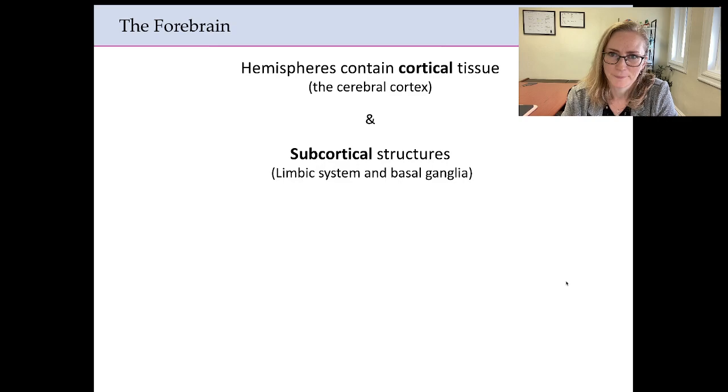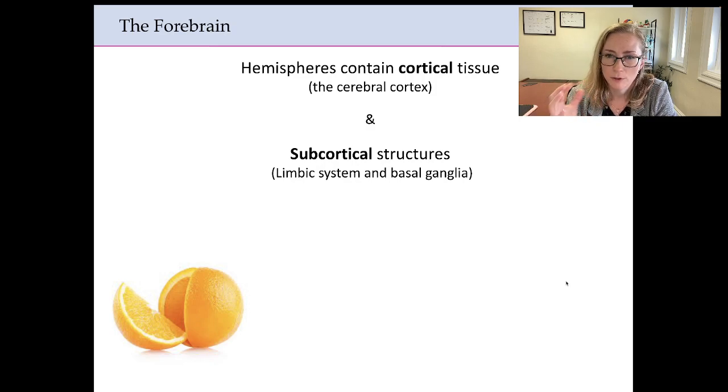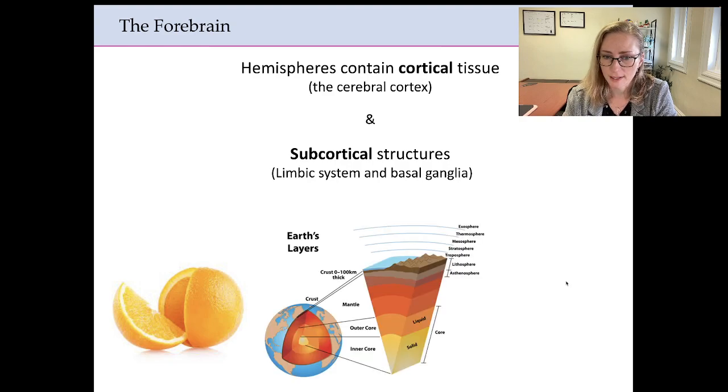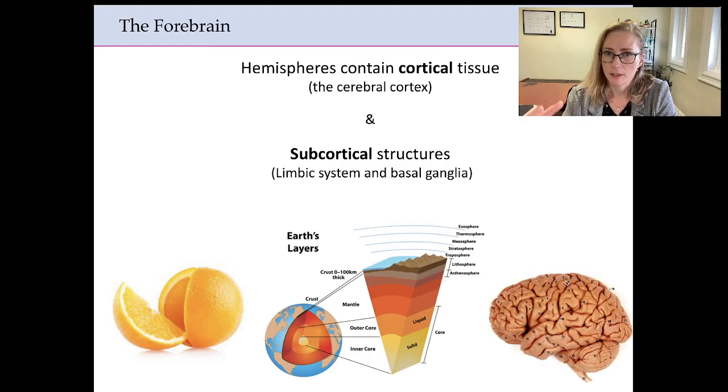Okay. And so this was just an illustration of that idea of the cortex on the outside, like the bark of the brain, versus inside, where we get a lot of the big subcortical structures.